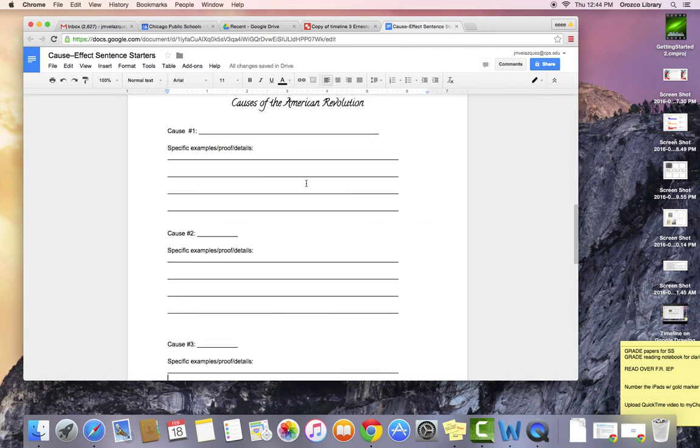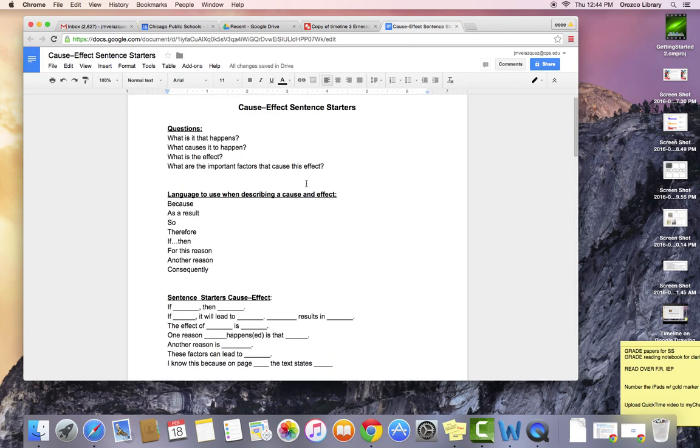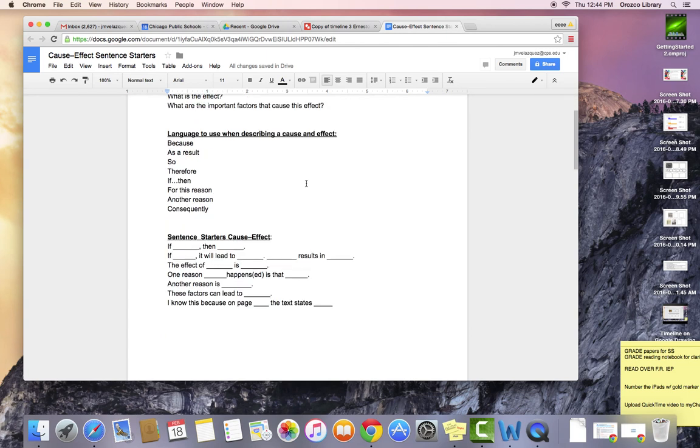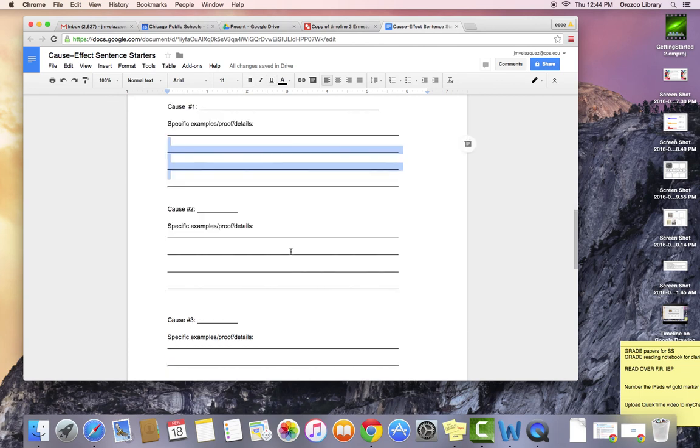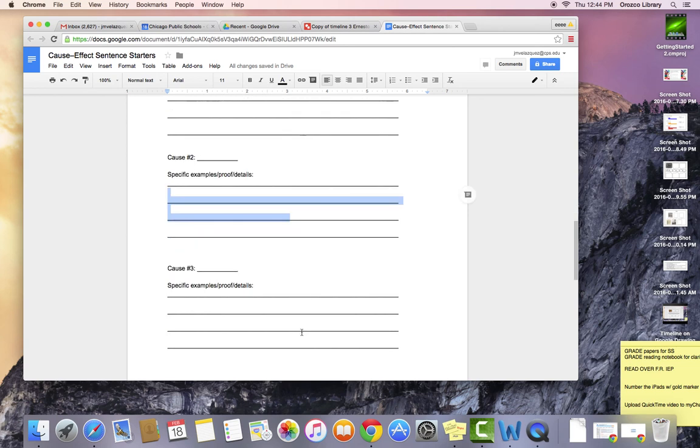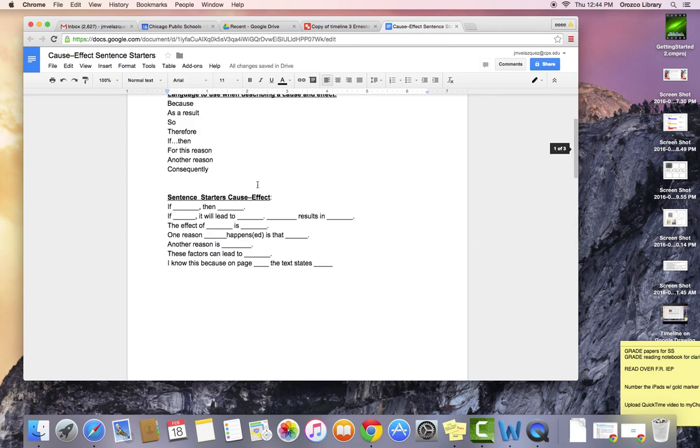So just reread this, understand it, put it into use. I will need to see words like because, as a result, so far, therefore. I will want to see sentence starters when you are writing this. Now, some of you may not need it at all. I know some of you may not. But I think a lot of you will benefit from it because these are, after all, sentence starters.